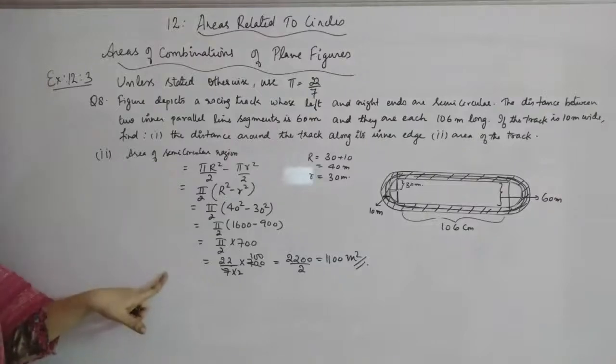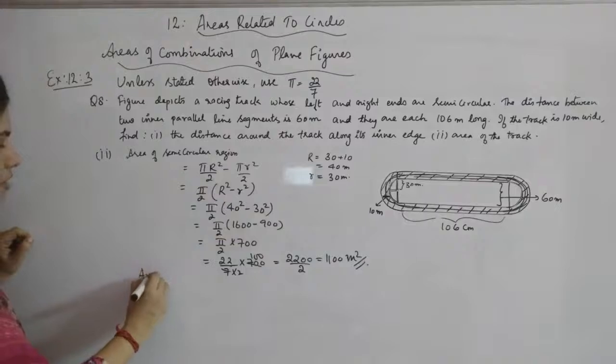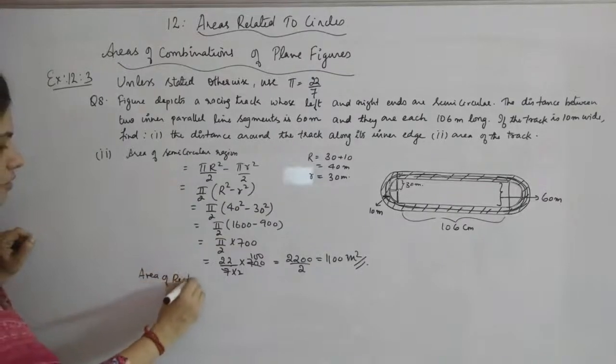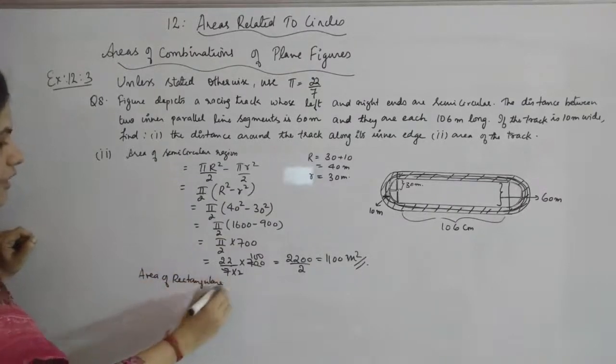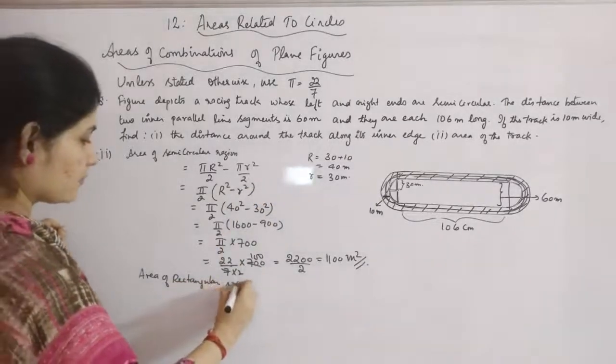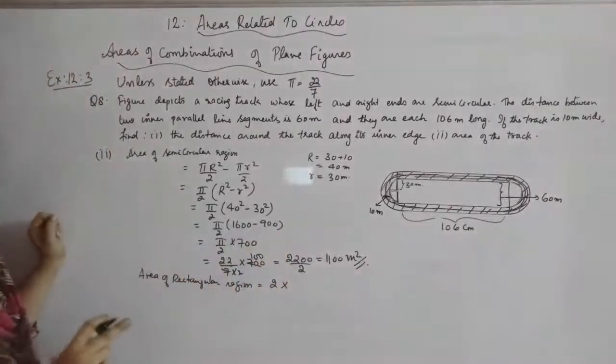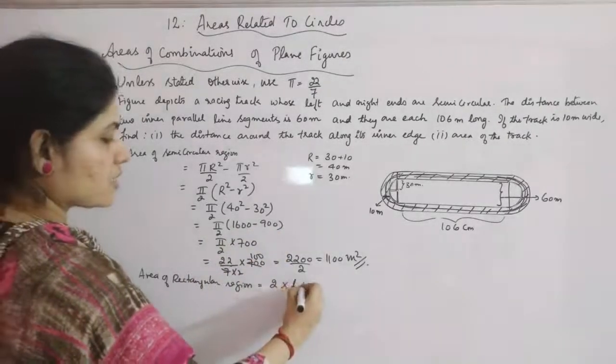Now we will find out the area of the rectangular region. Again, you have 2 regions, so we will take 2 times the area of one rectangular region, and the area of a rectangular region is length into breadth.